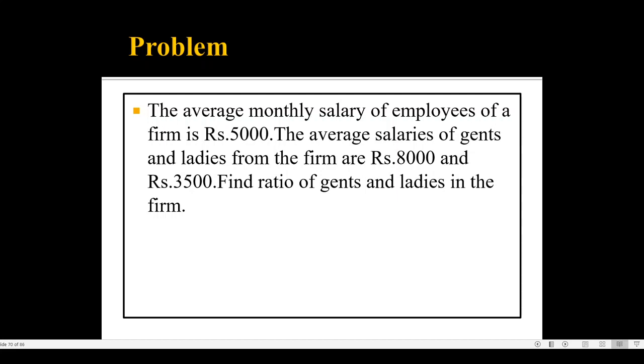Then take one more problem. The average monthly salary of employees of a firm is 5,000 and the average salaries of gents and ladies in the firm are 8,000 and 3,500. Find the ratio of gents and ladies in the firm. See here, the average monthly salary of employees of the firm is 5,000, which means x12 bar is 5,000.